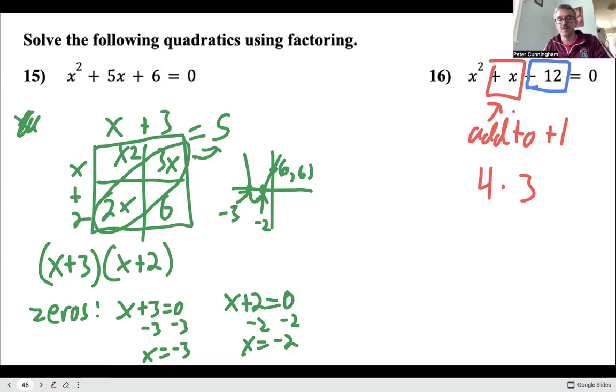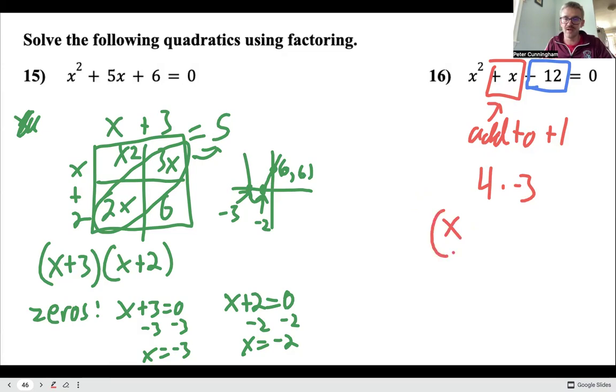Because they're going to add up to be positive 1, I need the larger number of the two to remain positive. When they go together, I need to say, hey, I have more positives than I do negatives. So 4 would be positive, 3 would be negative.